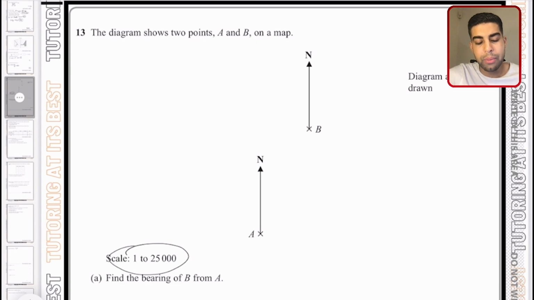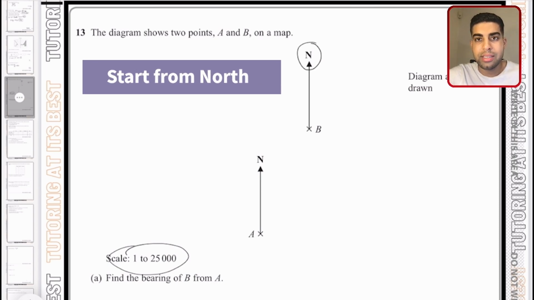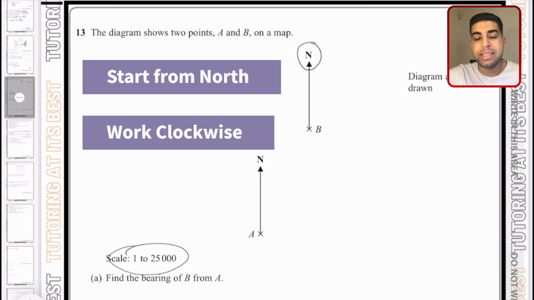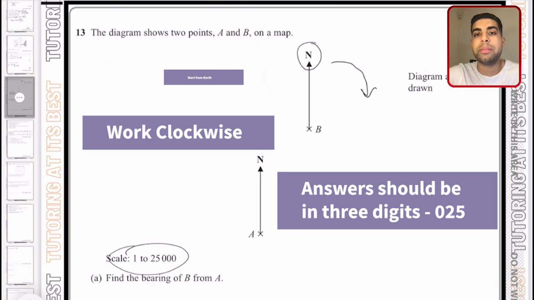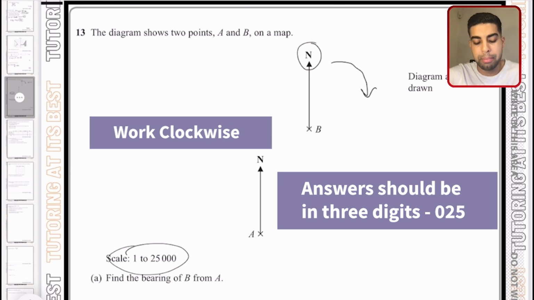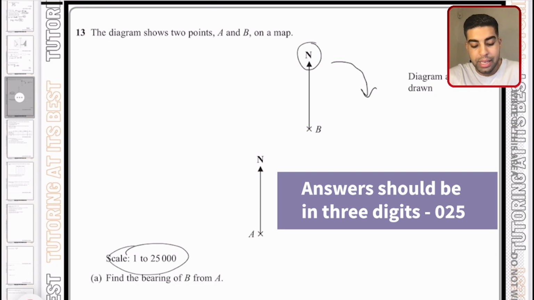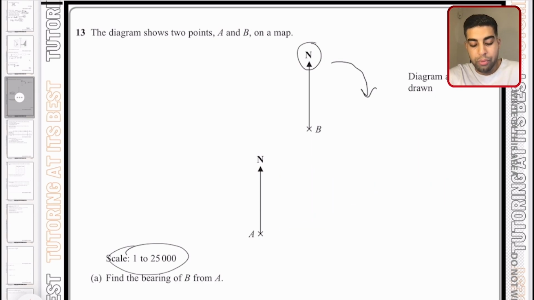So just a quick rule here, we have 3 main rules we need to follow as part of bearings. The first is that we should always start from north. The second is that we always work clockwise. And the third is that our answers always have to be in 3 digits. For example, if our answer was to be 30 degrees, we would write 0, 3, 0.